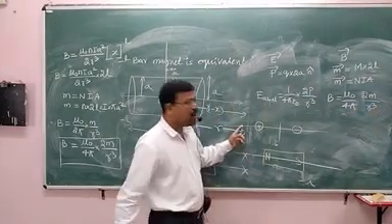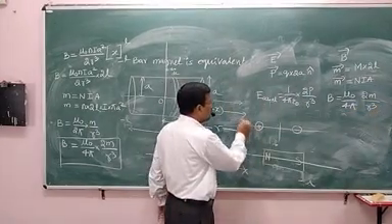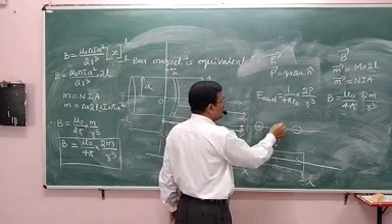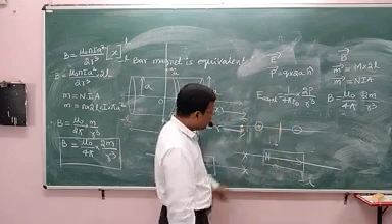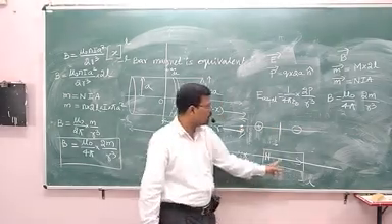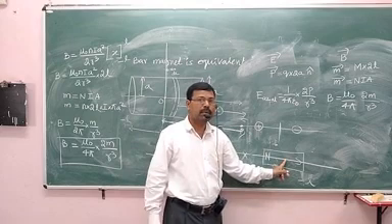Here r is the distance between the point P, the observation point, and the center of the dipole. Here also, r is the distance between the observation point and the center of the dipole.